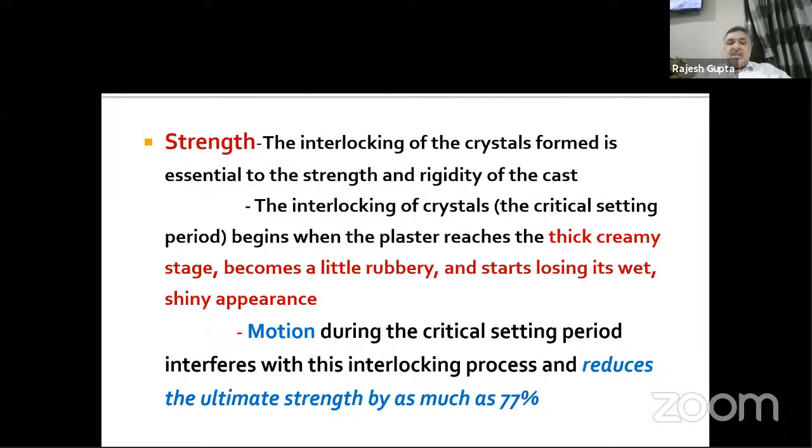So while we are applying a plaster cast, we should ask the patient or our assistant not to mobilize the limb. We have to keep it in a static position. If we keep on moving the extremity, the plaster will take longer to set, and then we have to apply a few more bandages and the plaster will become heavy.